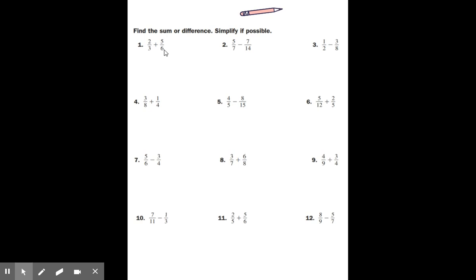Okay, so with that being said, on this problem right here, is 7 a factor of 14? Yes, and if you know your multiplication chart really well, you would see that right away, right? So you would know that on this side, this is the only one I have to change. This would be 10/14, and now I have a common denominator with the other one, and my answer would be 3/14.